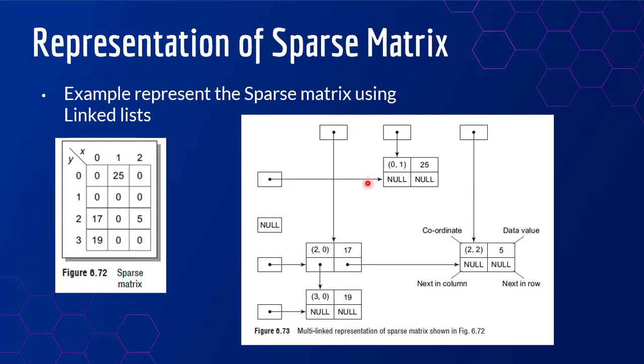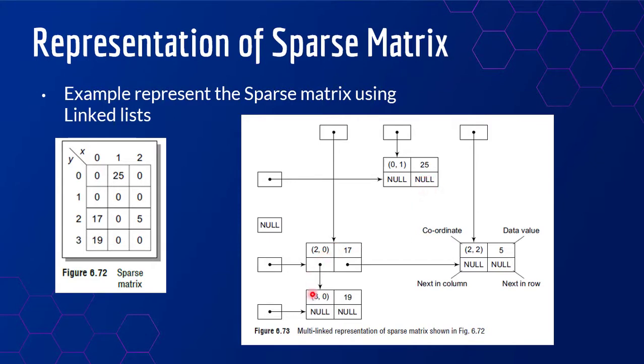Now, does this node have any node next to it in the row? This is the last node. There is no next node for this, that's why we put null here.